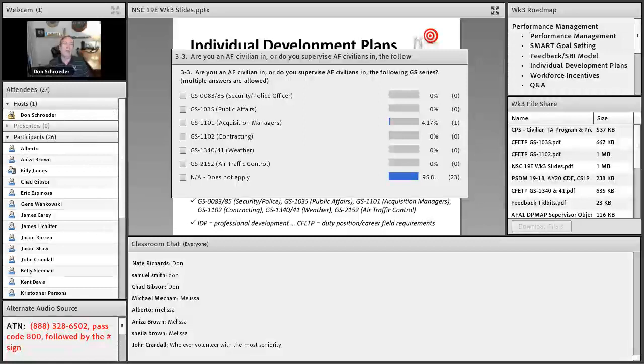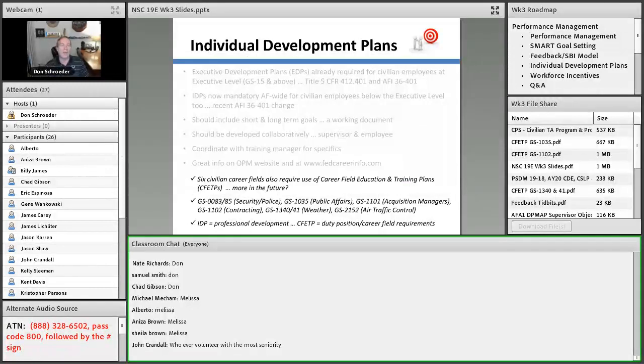All right. So real quick. Right now, these are the only 6 GS career fields in the Air Force that have what's called a career field education and training plan, a CFETP. This is used differently from the IDP. If you look at that very last bullet on the slide that's italicized, remember the IDP was for professional development. The CFETP is for duty position and career field requirements.